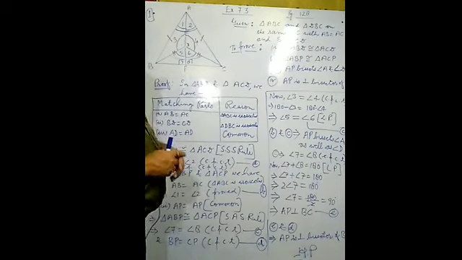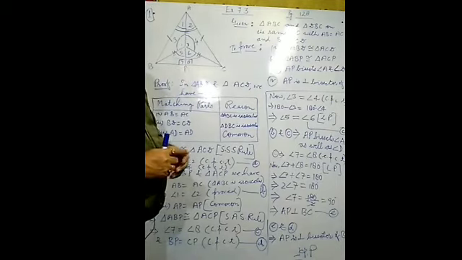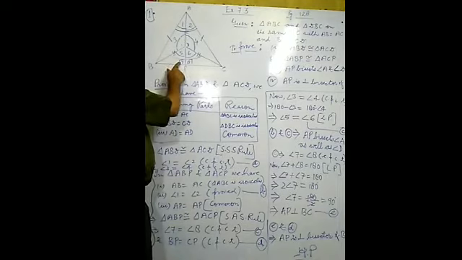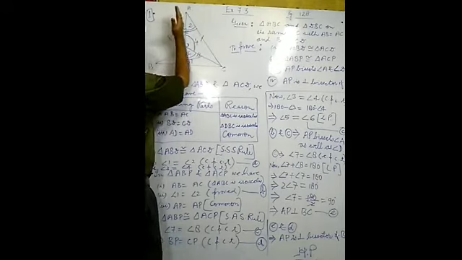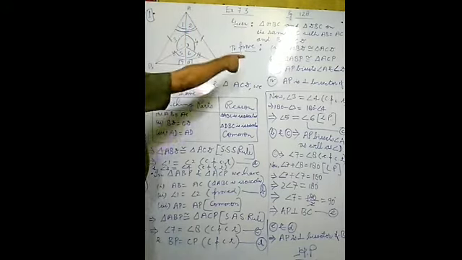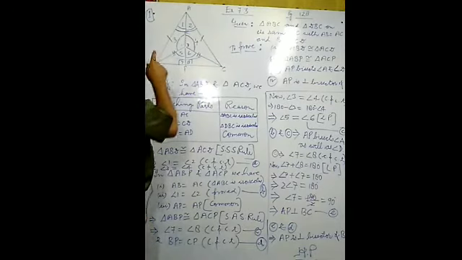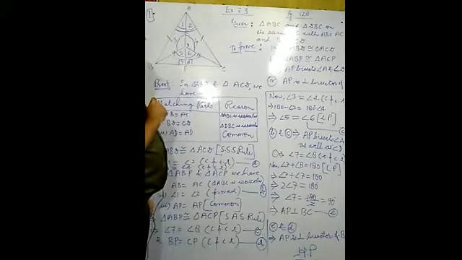Anyway, we have to prove that AP is perpendicular. By CPCT, we can say that angle 7 equals angle 8, because the left hand side triangle is congruent to the right hand side, proved in the second part. Therefore, angle 7 equals angle 8 by CPCT.